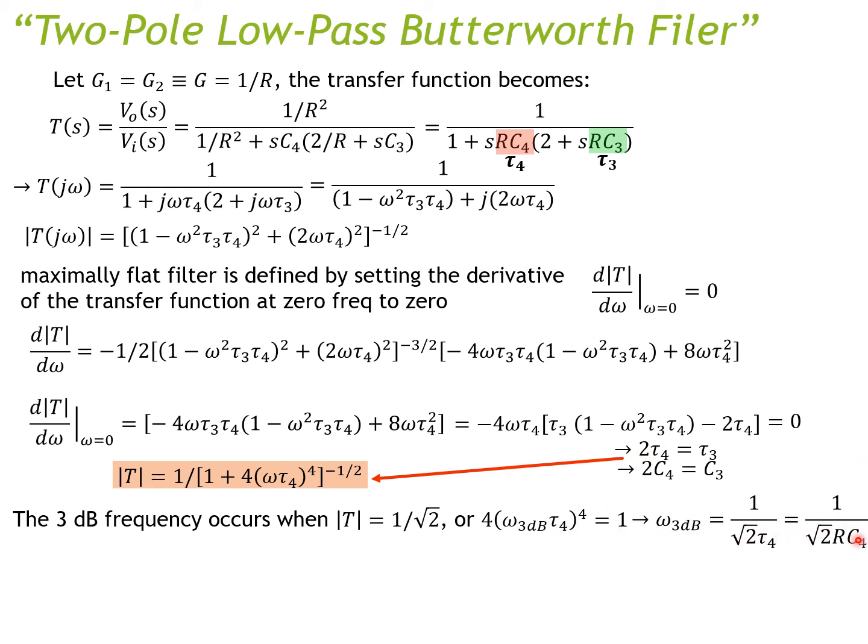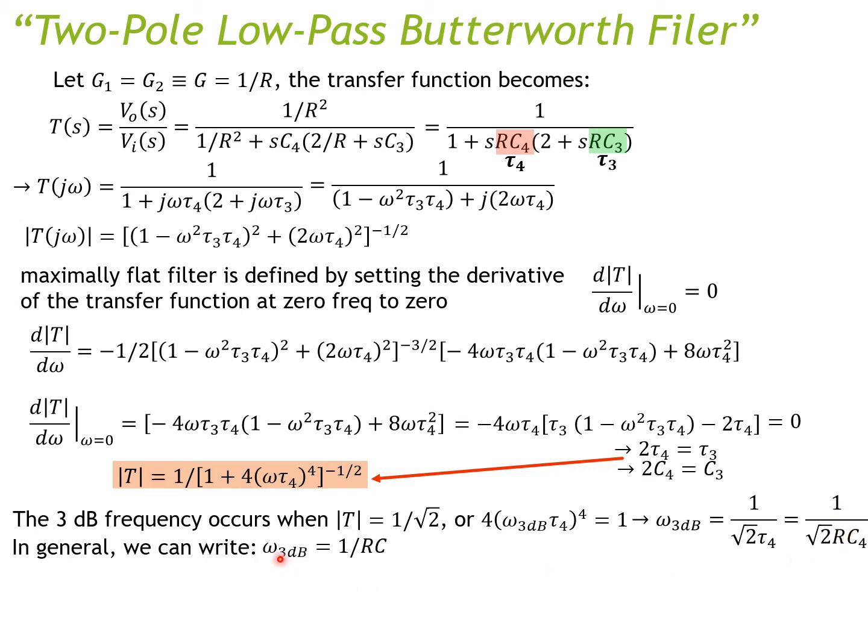So now we can write our expression for the 3 dB corner frequency, omega 3 dB, to be 1 over the fourth root of 4 times tau 4, which is equal to 1 over square root of 2 multiplied by tau 4, and that's equal to 1 over square root of 2 multiplied by R C4.